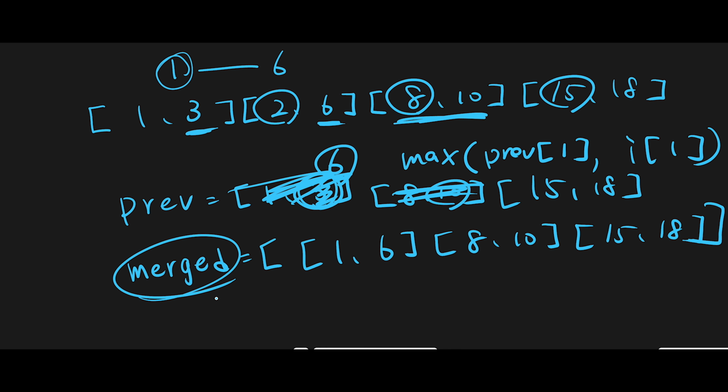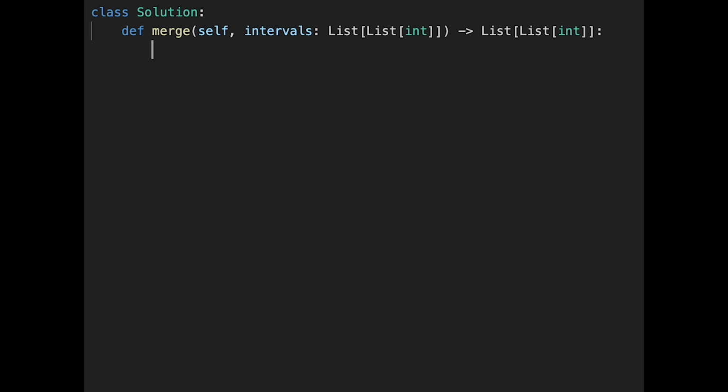So let's jump into the code. First of all, create a merged list, which is an array. Next, we should sort all intervals by starting time, so intervals.sort, and we can do it like this: key equals lambda x, and we sort by starting time, so x index 0.